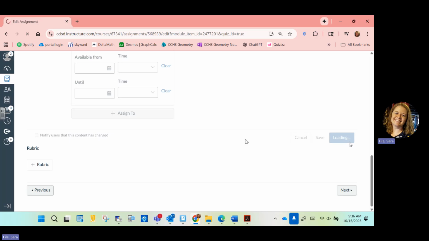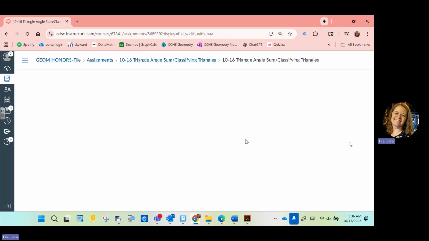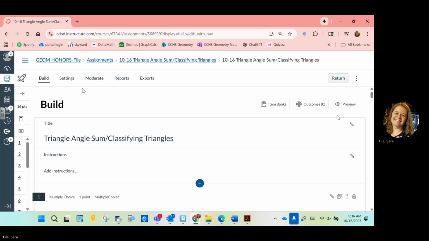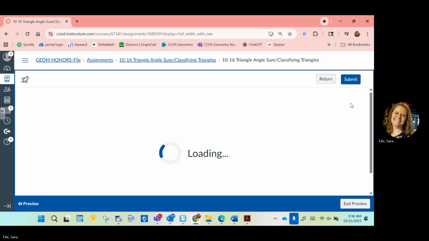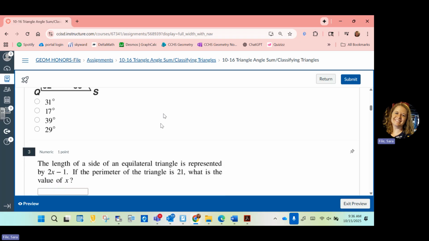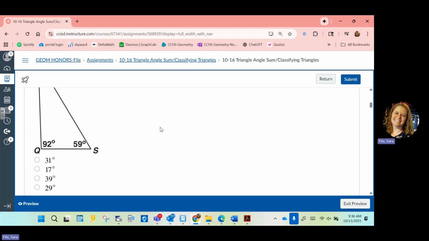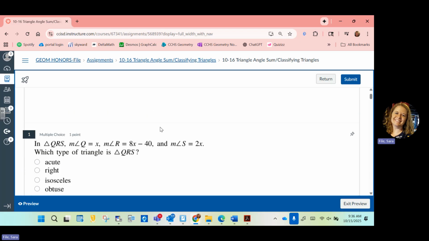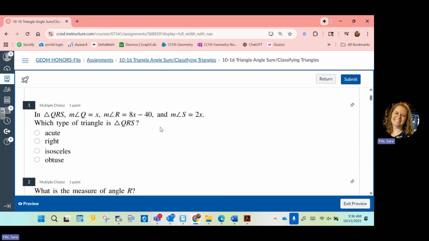I'm going to show you what it looks like. I wonder if I can do preview. Okay, so it's questions like instead of giving you a worksheet, we just copied and put them in here so that it will grade for us and it's quicker.